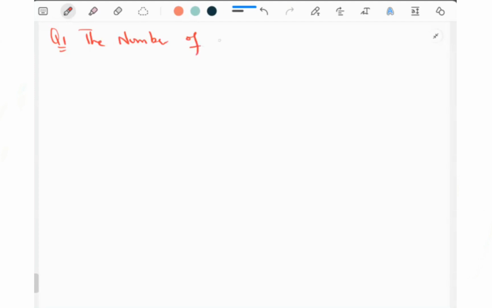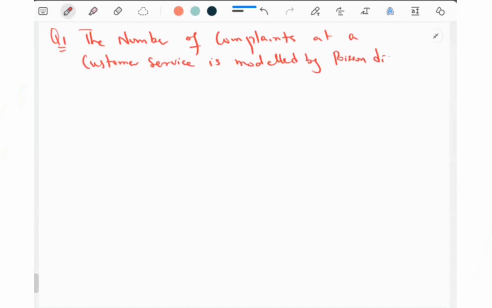The number of complaints at a customer service is modeled by Poisson distribution with a mean of 6 complaints per minute. Part 1.